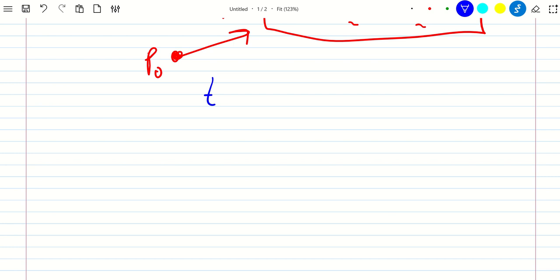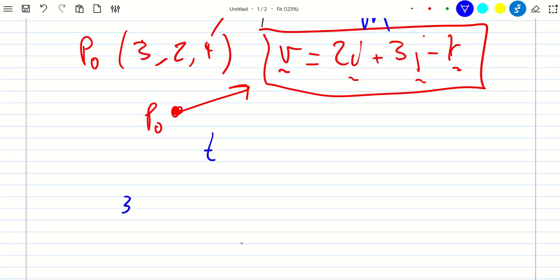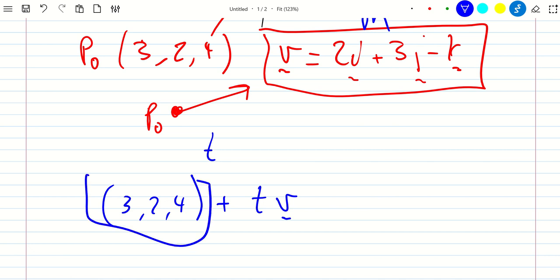So essentially, what happens is you start at the point 3, 2, 4, and then we're going to slowly add to that t lots of this vector v. So we might have one lot of vector v that we're adding to this, and then 2 lots of vector v added to that, and then 3 lots of vector v. And so slowly we're going to build up this set of points that defines a line.